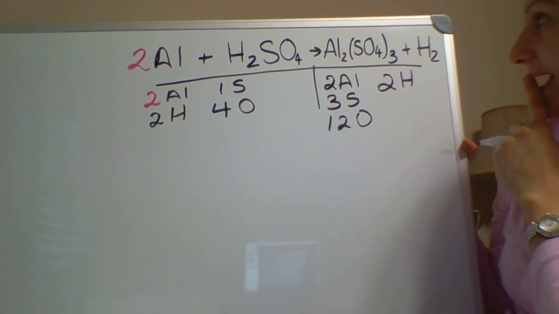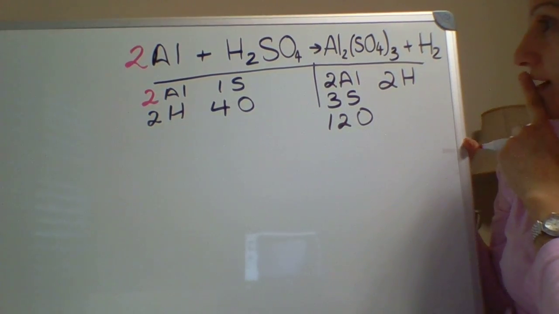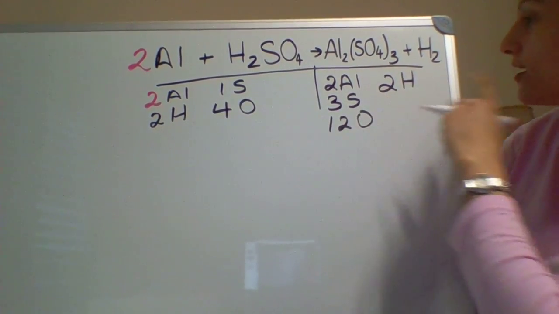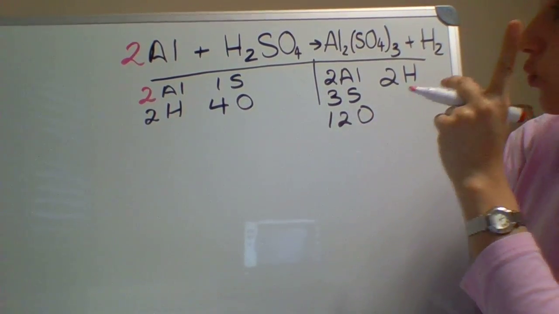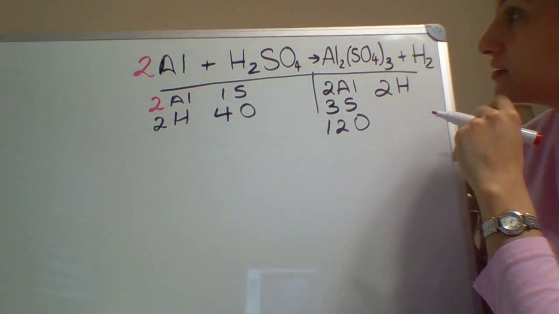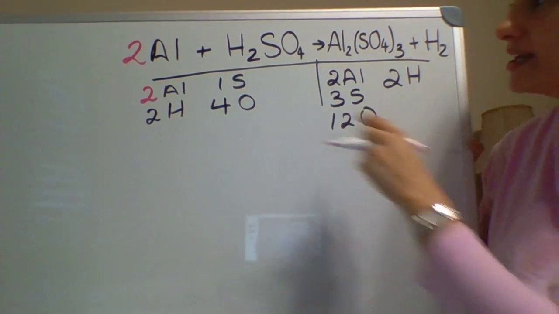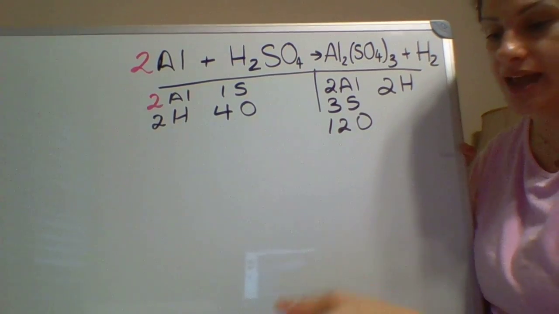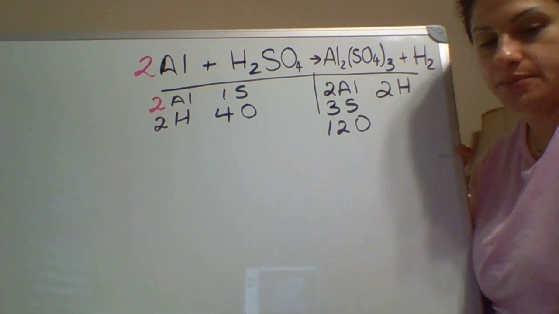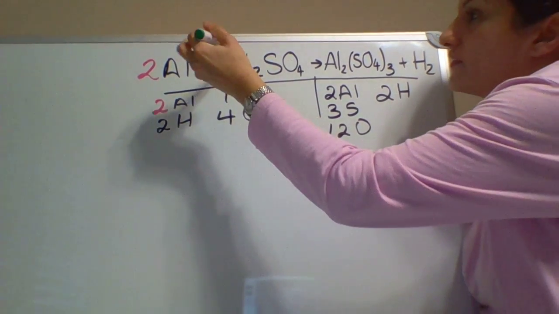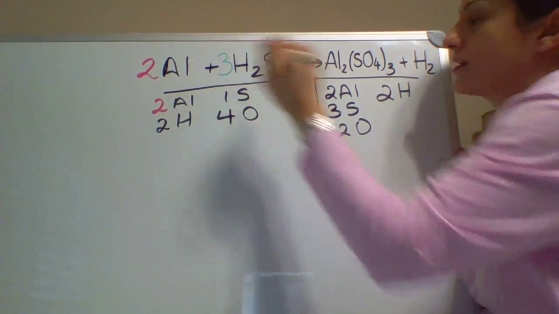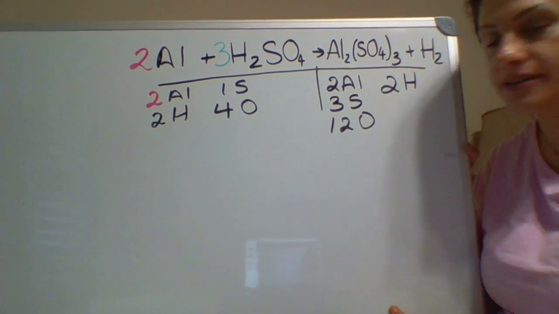Let's look at sulfur. We have 3 sulfur on the right, we have 1 sulfur on the left, which means that we need to multiply sulfur by 3 here. And that happens by putting a coefficient of 3 before the sulfuric acid.